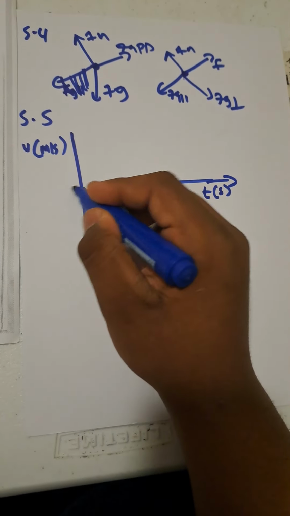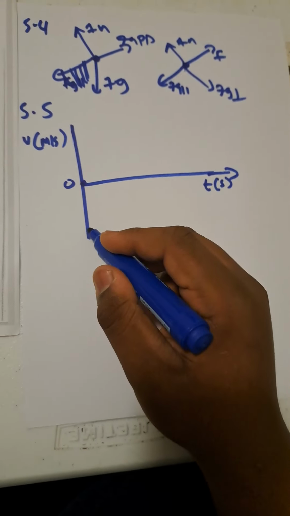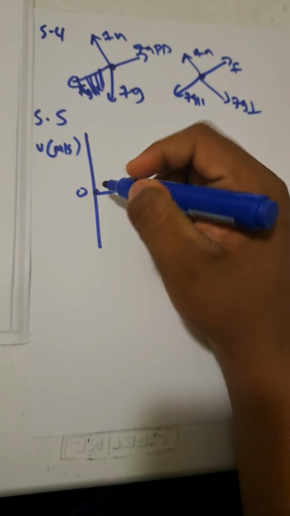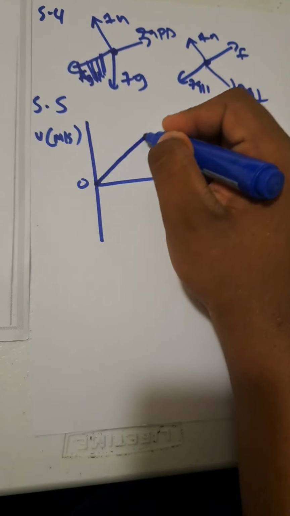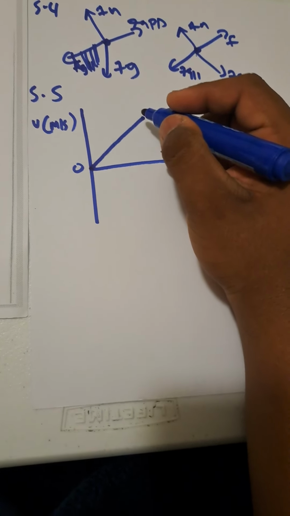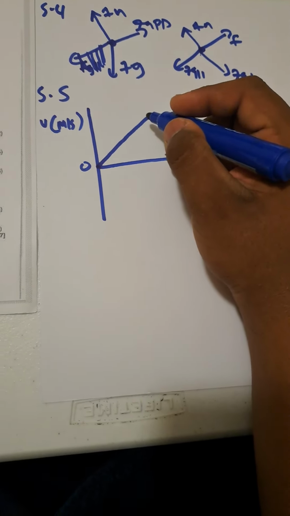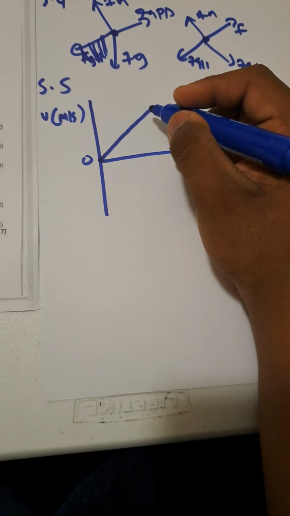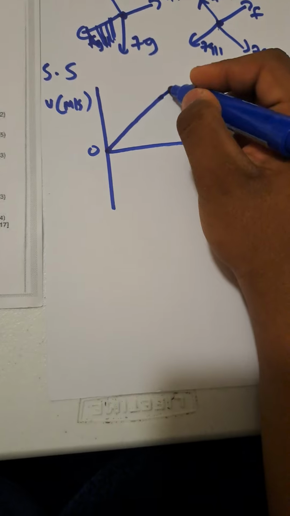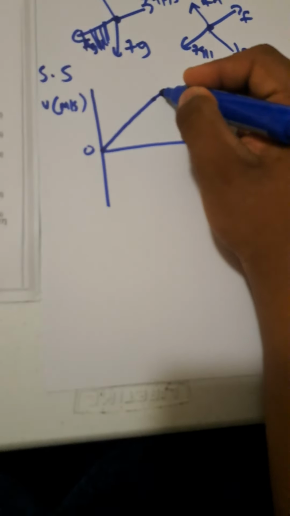So then I have 0. But now they are saying for the entire motion of the crate starting from point A. I need to know that at point A, it is increasing, right? And then it passes point B and passes point C. But after C, it continued to go to point D. But when it reaches there, it went back down.